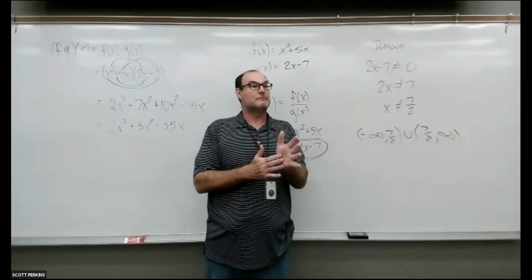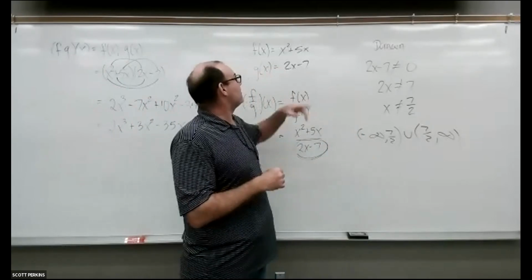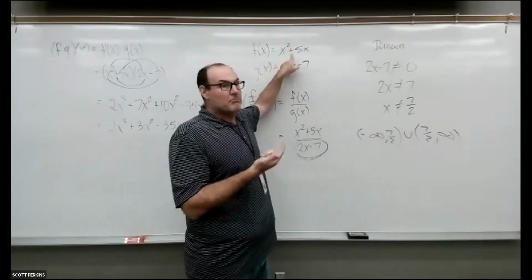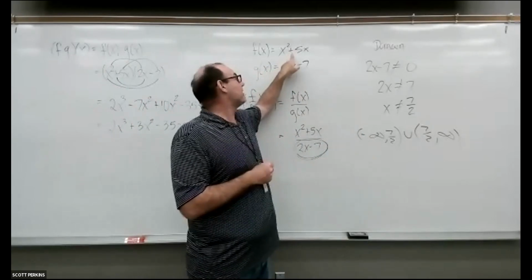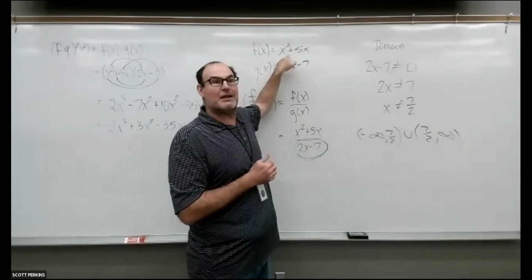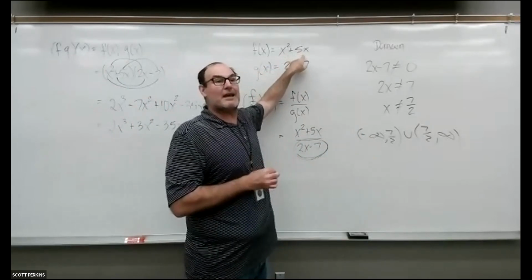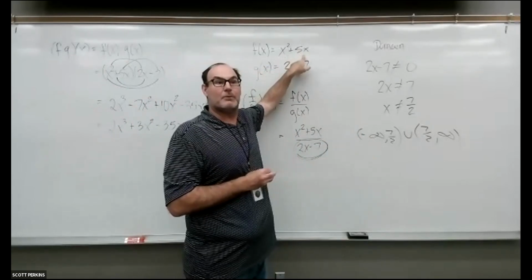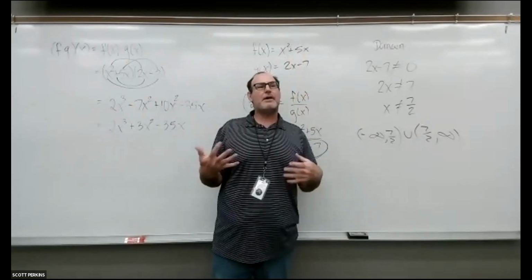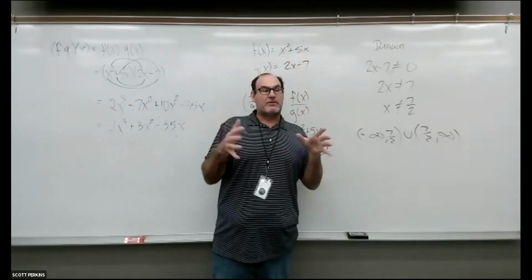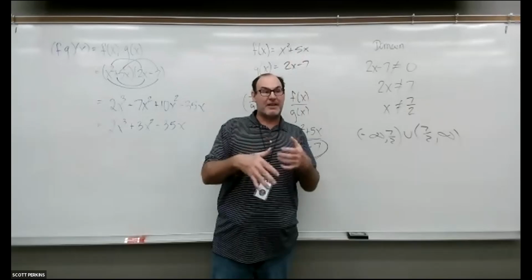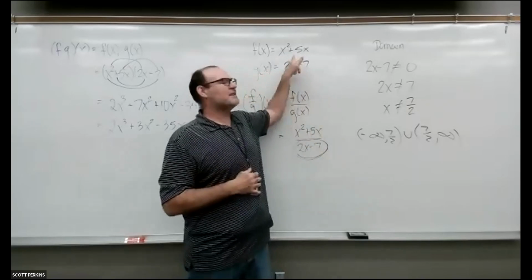If I said, give me the domain of this, negative infinity to infinity. There's nothing I can't plug in and square it. There's no value that I can't multiply by 5. Mainly though, if I ask you domain and range right now, the thing we've done that for is not necessarily things that look like this.